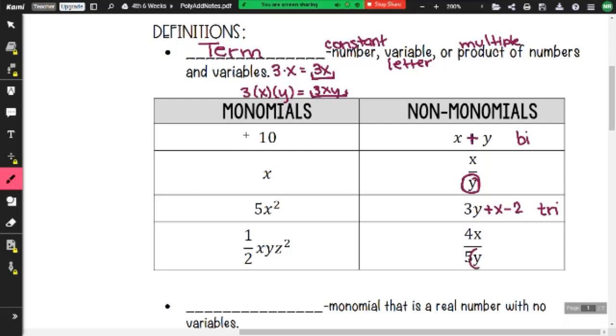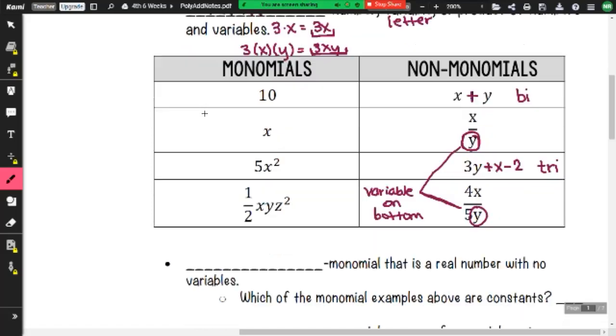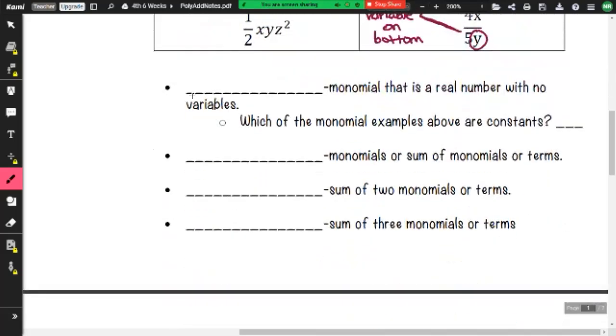Variable at the bottom, once again. You cannot have a variable on the bottom of your fraction. You can have a fraction, just not a letter there.